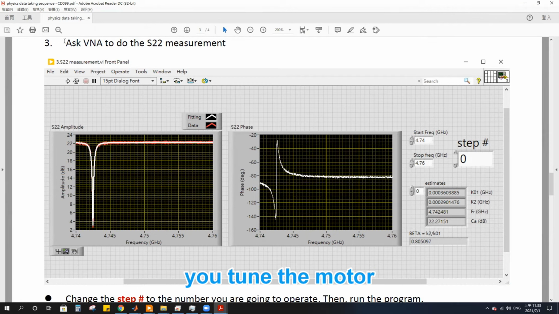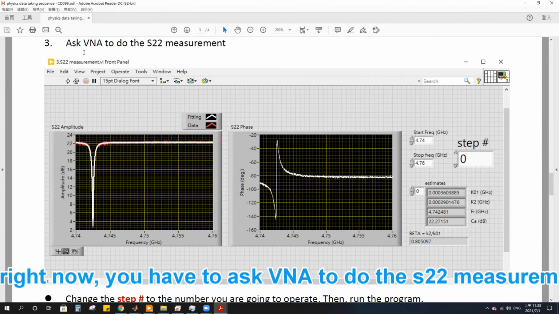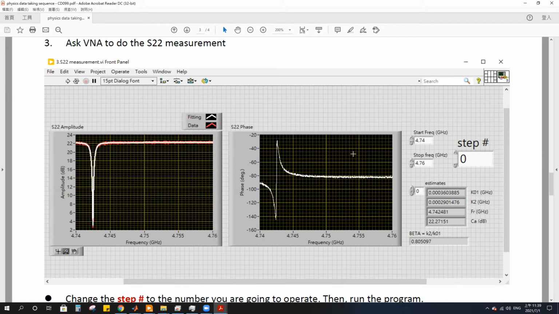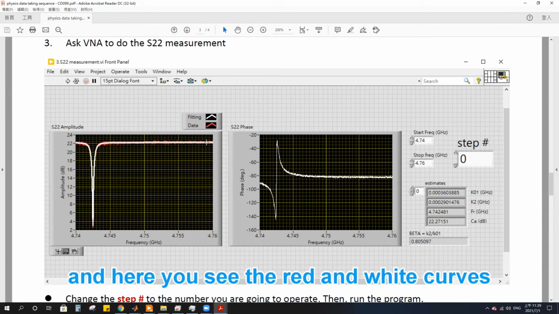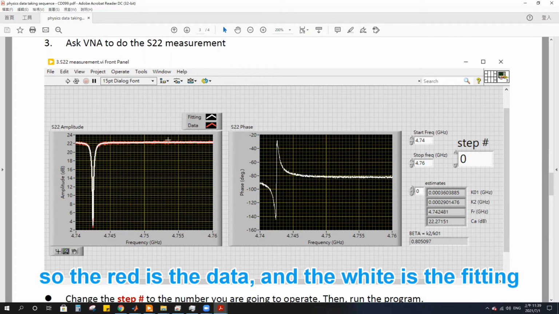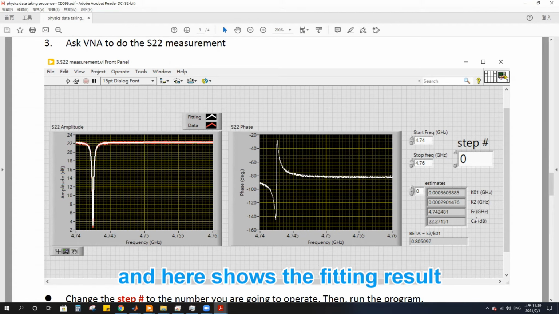You tune the motor. Right now you need to ask the VNA to do the S22 measurement, and this gives you the phase information. Here you see this red and white curve, because this program also does the S22 fitting. The red is data and the white curve is the fitting. And here shows the fitting result.